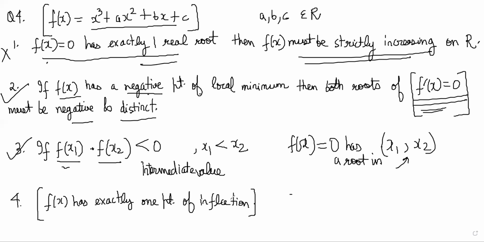Maxima is not a point of inflection. We discussed two types of points last week, critical points and inflection points. What is the meaning of critical point and inflection point? Curvature of the graph changes, that point you're saying.